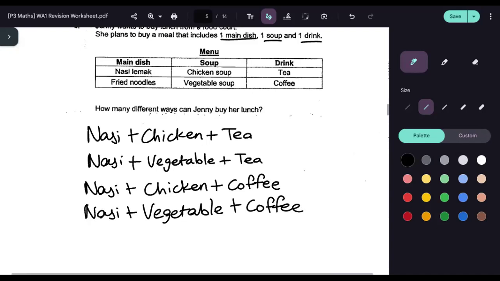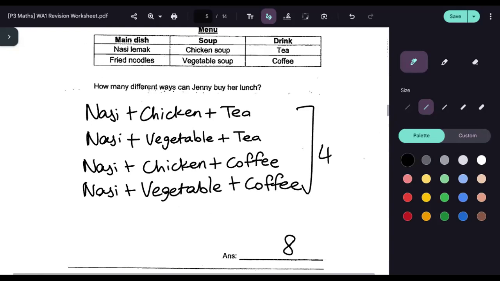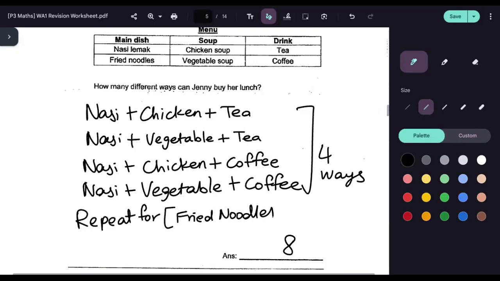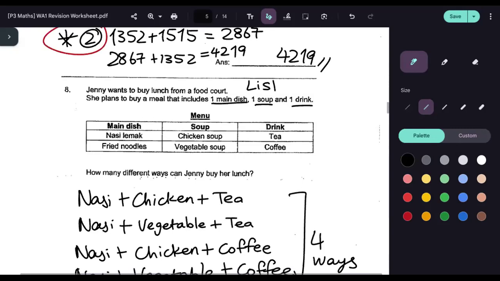Okay, this is for the first one. Then you ask me second one, is it the same? Yes, so total is 8 because here got 4 ways, right? You may repeat for fried noodles. Okay, so this question they are testing you on listing.